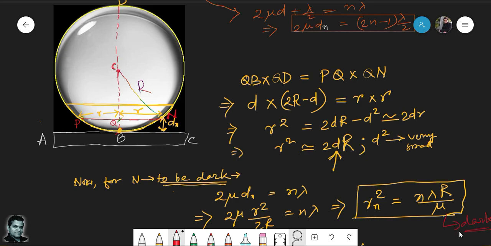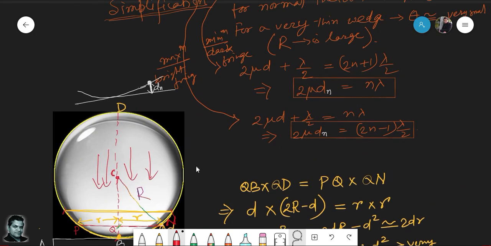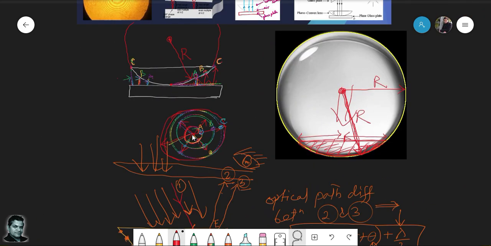I already explained a little while ago that if you look from the top, what you see in this planar convex setup is a circle. This is the touching point, and all the points on this circle have the same radius, so the same thickness. All the points on this second circle have the same radius, so the same thickness.